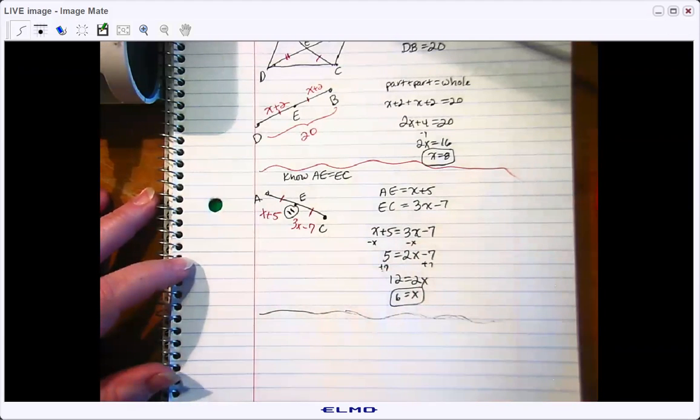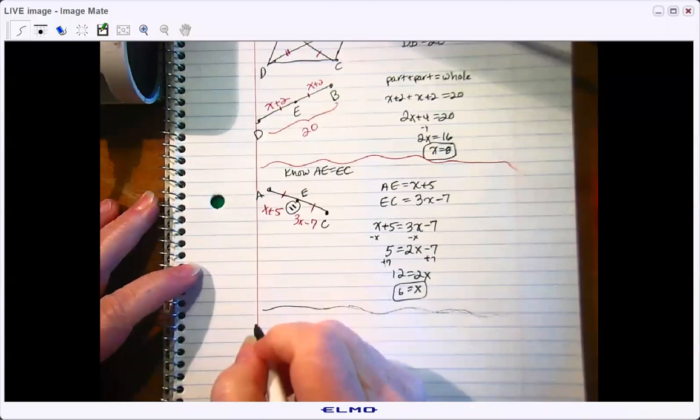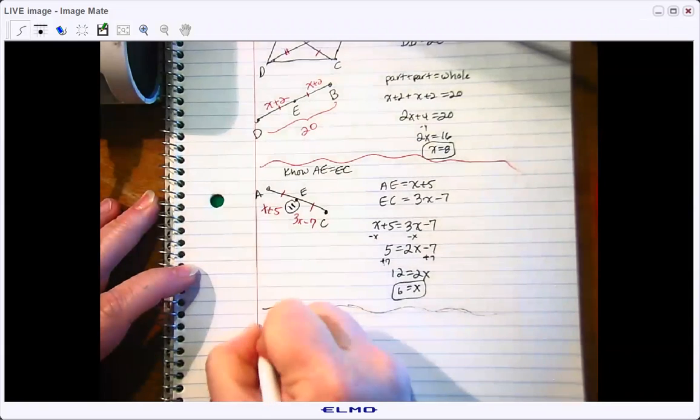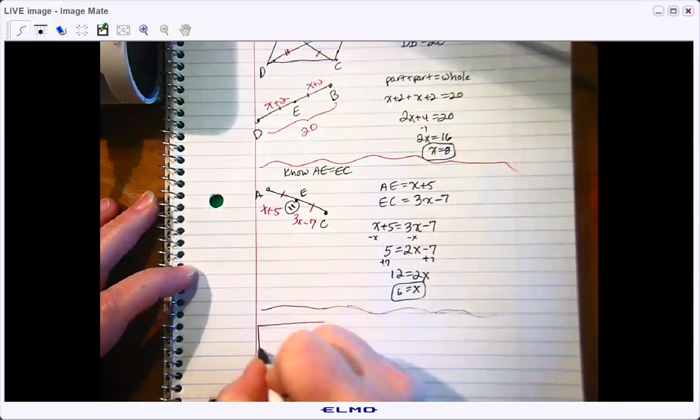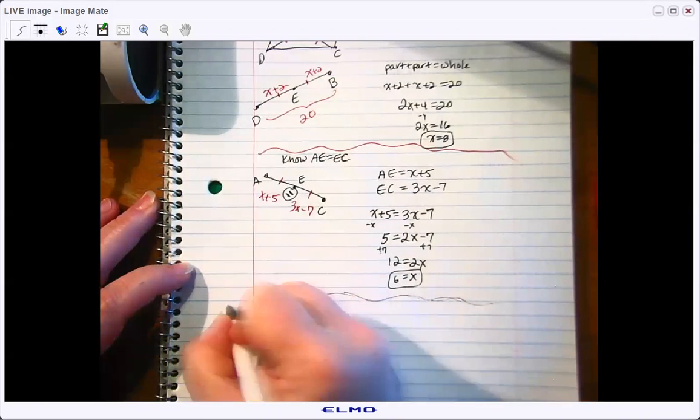Okey-dokey. So then next, let's talk about rectangles. So we can have parallelograms, or we can have a special parallelogram called a rectangle.